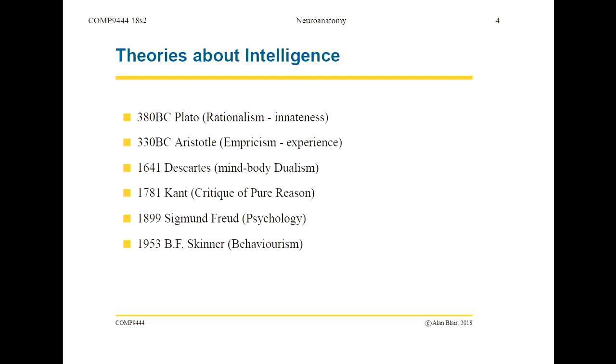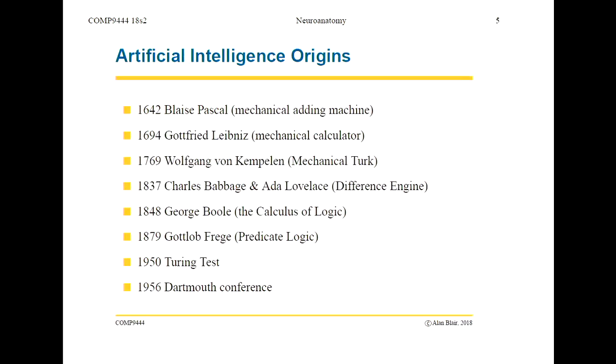Now, so that's sort of theories about the mind. If we look at artificial intelligence, it sort of began in a way in the 1600s with Pascal and Leibniz.